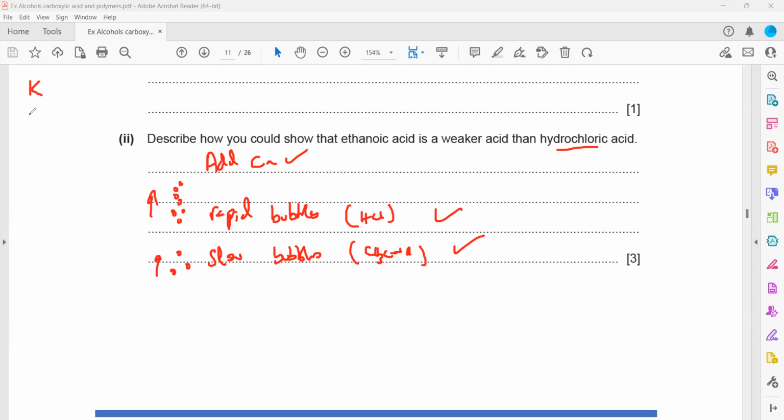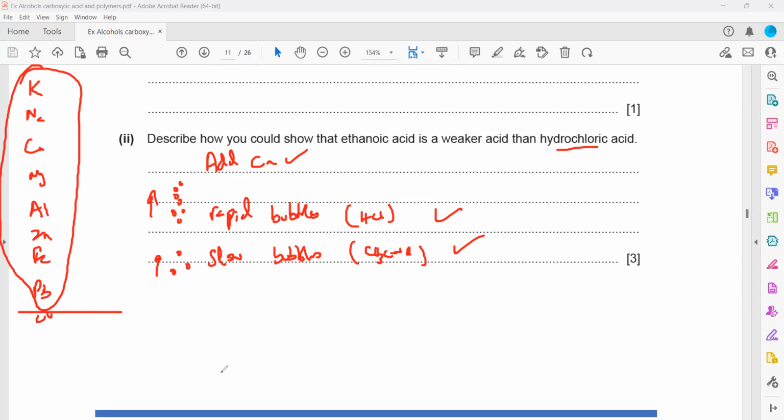The metal we use should be above copper: potassium, sodium, calcium, magnesium, aluminium, zinc, iron, lead, copper. Metals below lead cannot react with dilute acid, so you have to name a metal in this range. If you say add copper, then these are totally wrong because copper will not react with them.